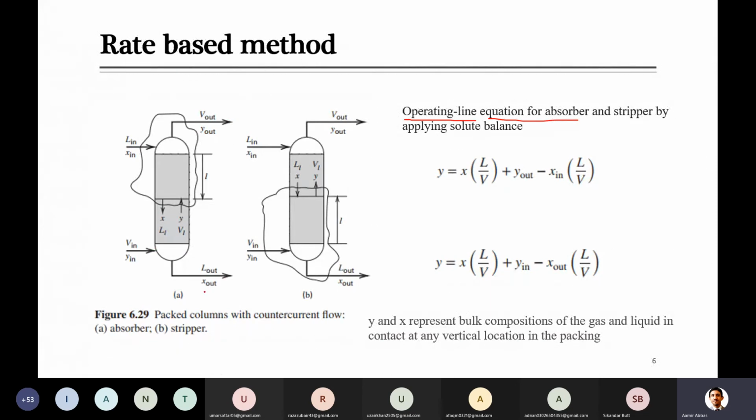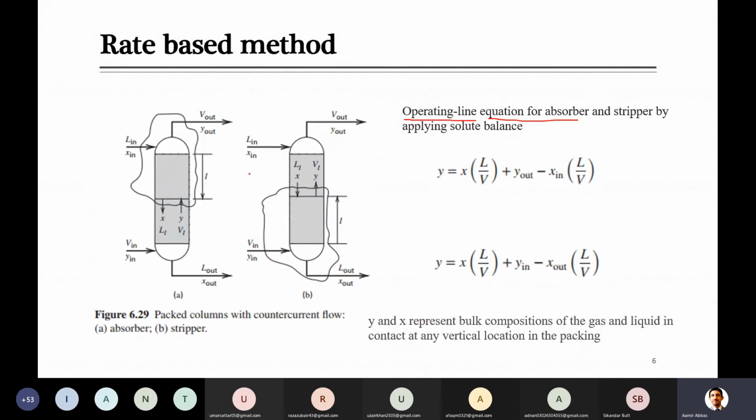Although here there is no such direct separation between stages as you had in the tray tower, where you used to number them from top to bottom or from bottom to top.